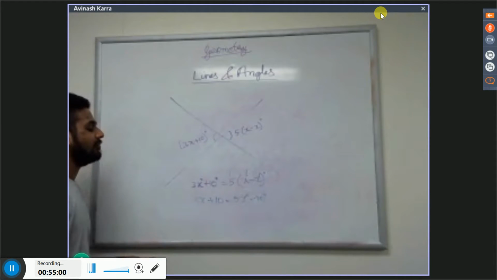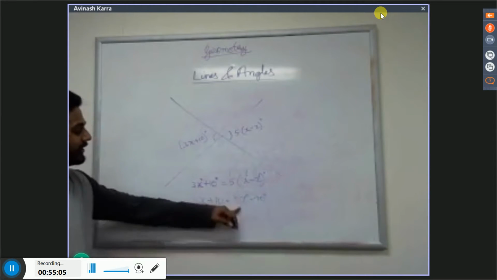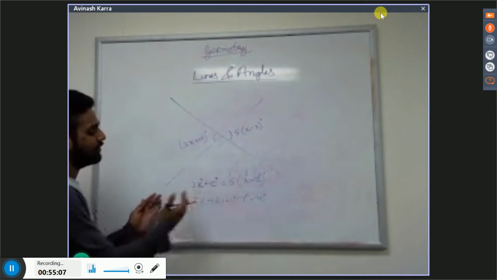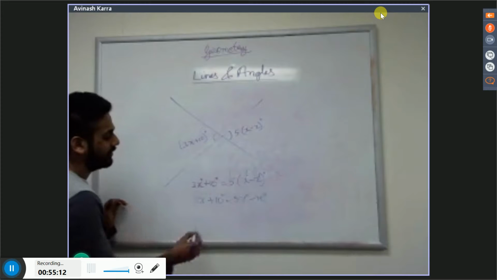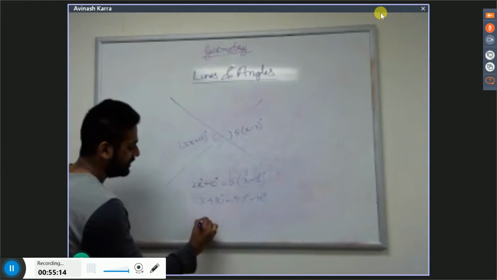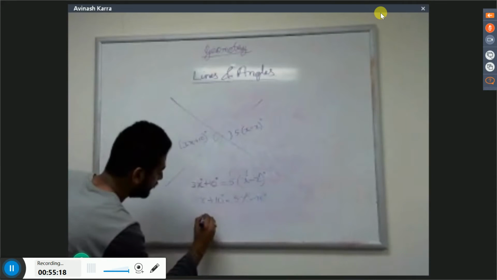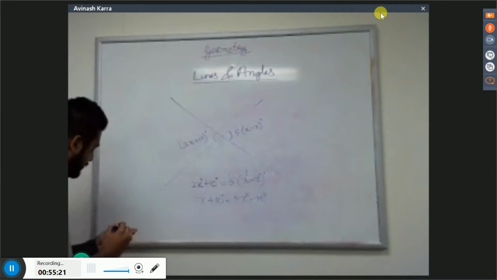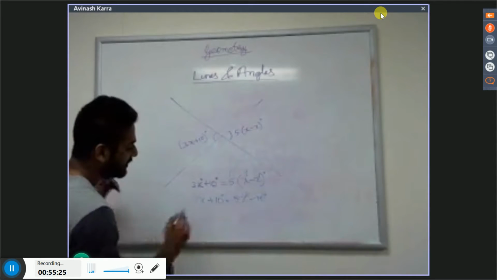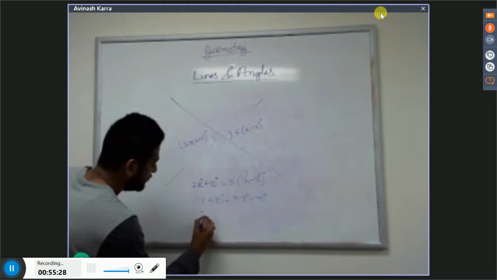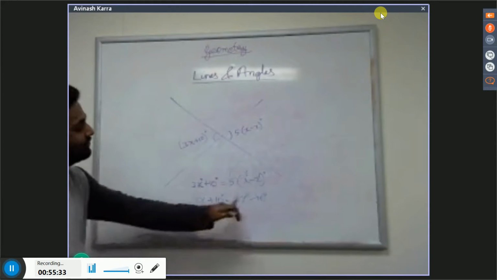So we have variables and constants. Whenever you get like this, we should get all the variables to one side and all the constants to the other side. So 3x, but what is 5x doing here?